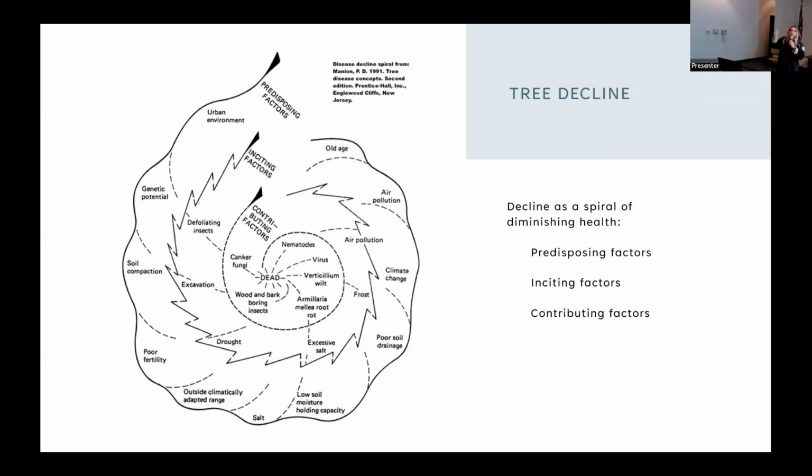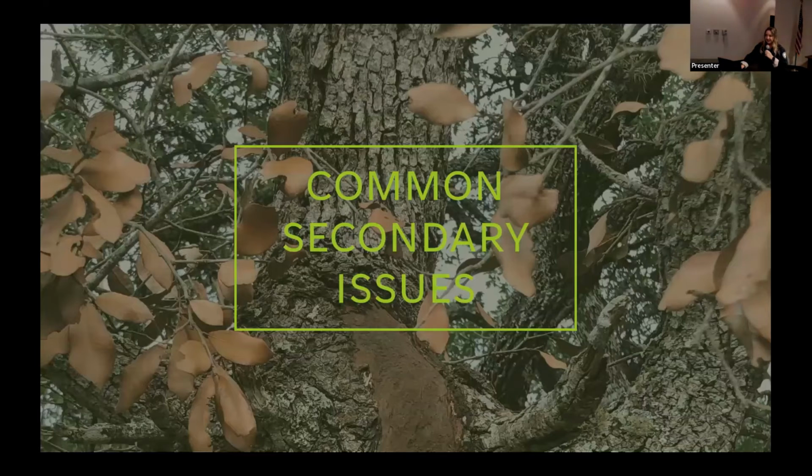Over the long term, if you just see an exit hole from a wood borer, you have to zoom out and imagine all the history that could be happening to that tree to get it to that point of decline. Any questions so far?